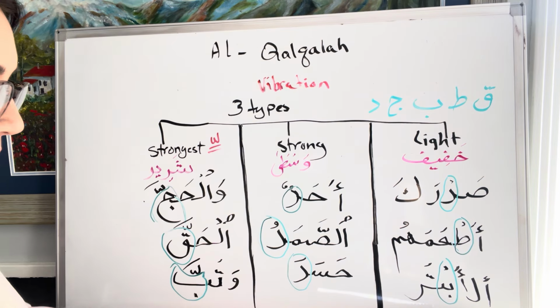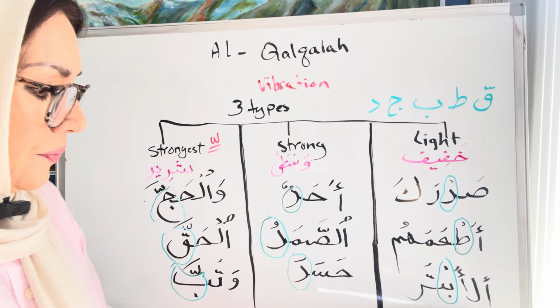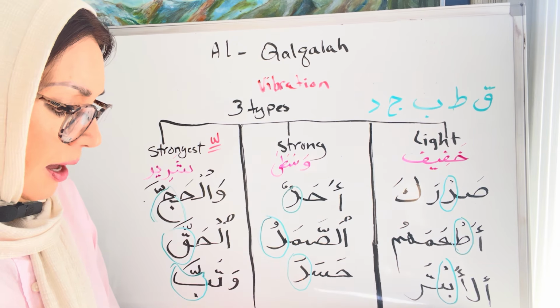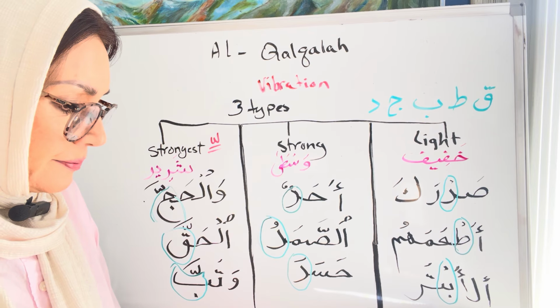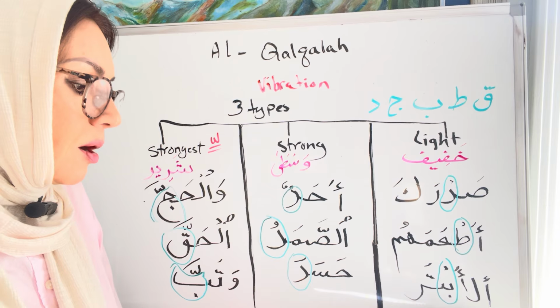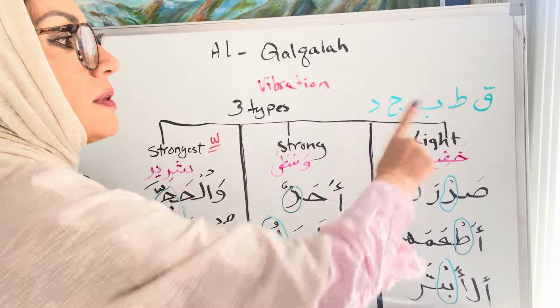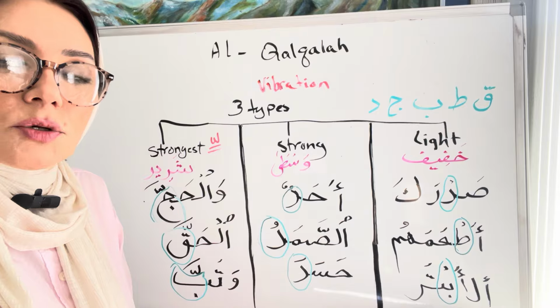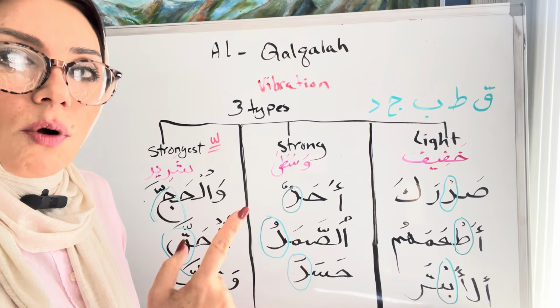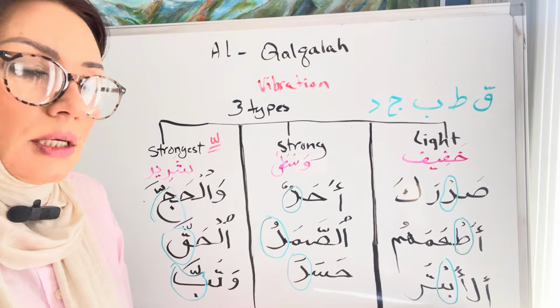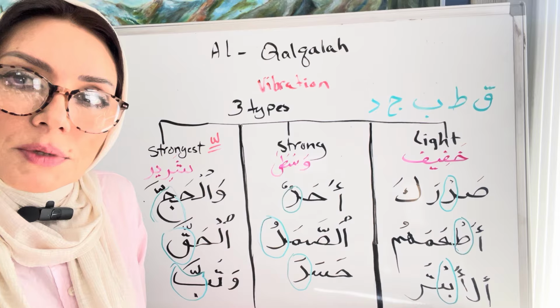So I think this is all we have as far as qalqala goes, the qalqala letters. These are only the five letters that have to do with qalqala. So anytime you come across these letters, qaf, ta, ba, jim, and dal, automatically we know that we have to do something here.